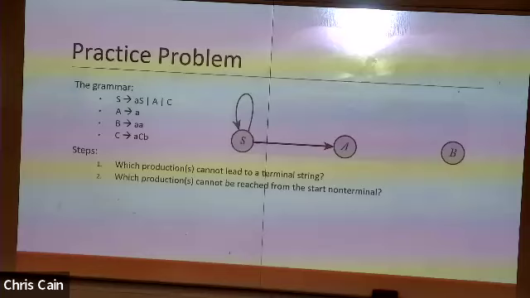Are there any productions that can't be reached from the start non-terminal? This is what I get for not hiding this correctly. It's apparent from the image. But from the start state, we can get to A or C. From A, we can't get anywhere. From C, we can only get to C. So there is no way to get to or define this B non-terminal.